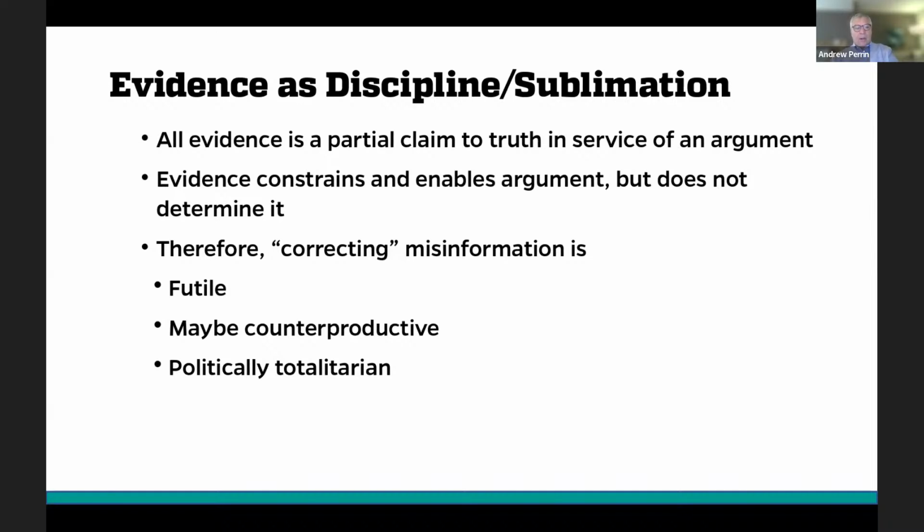And therefore, correcting misinformation on its own is at least futile, maybe counterproductive, and here's the little twist I'm going to throw in. It's politically totalitarian as well. That is, it presumes that everyone would think the same thing if only they had the same information.